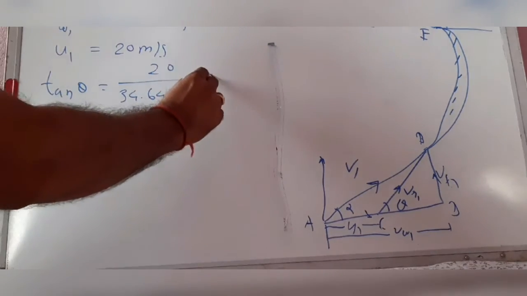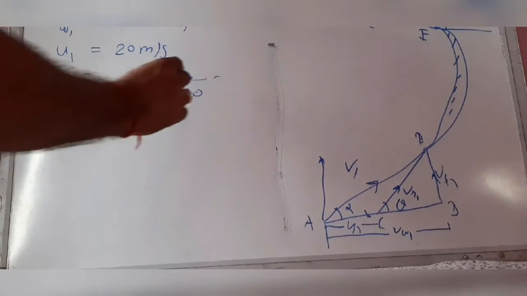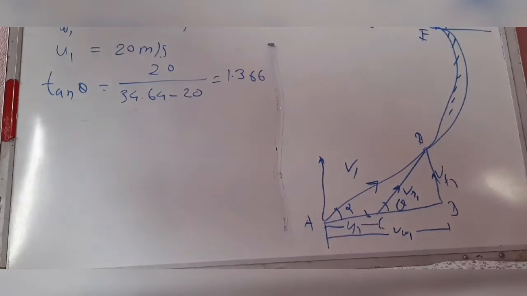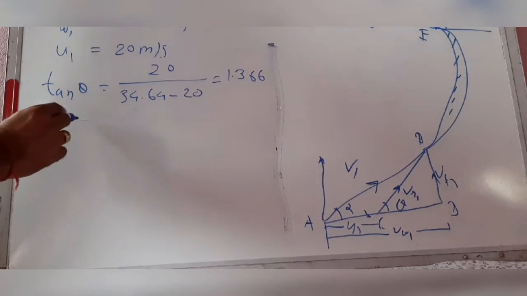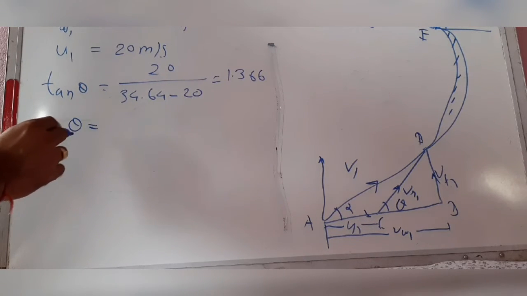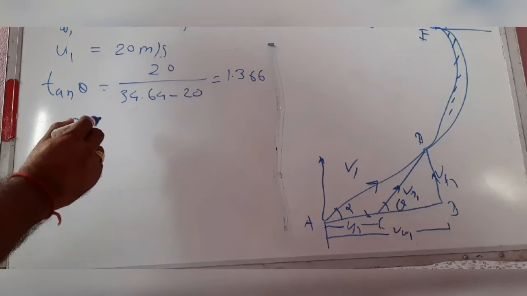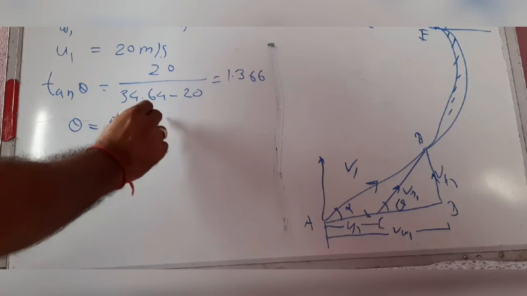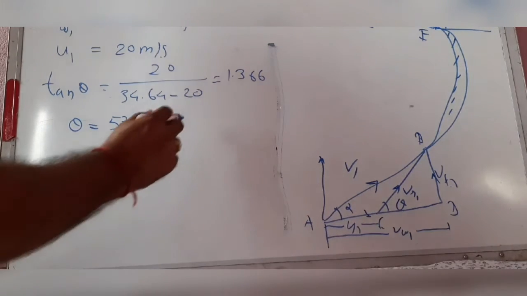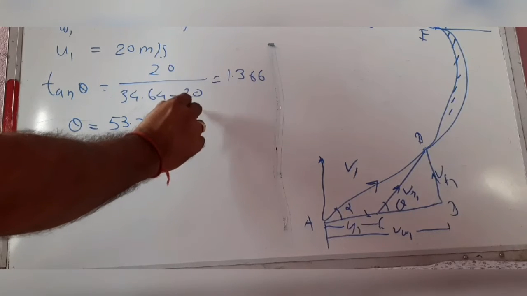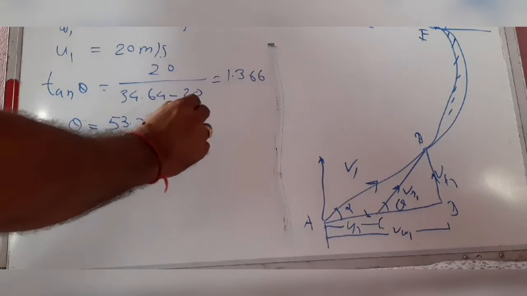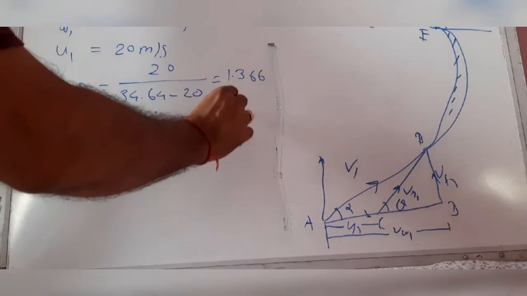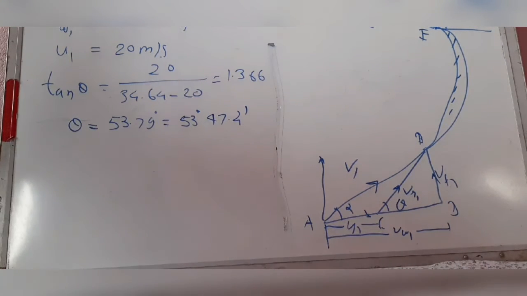So this comes to 1.366. So the angle theta is equal to 53.79 degree, or it can also be written as 53 degree 47.4 minute.